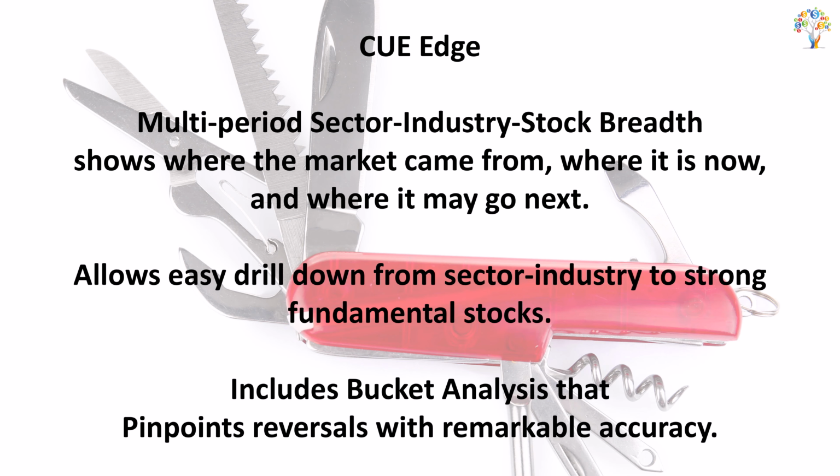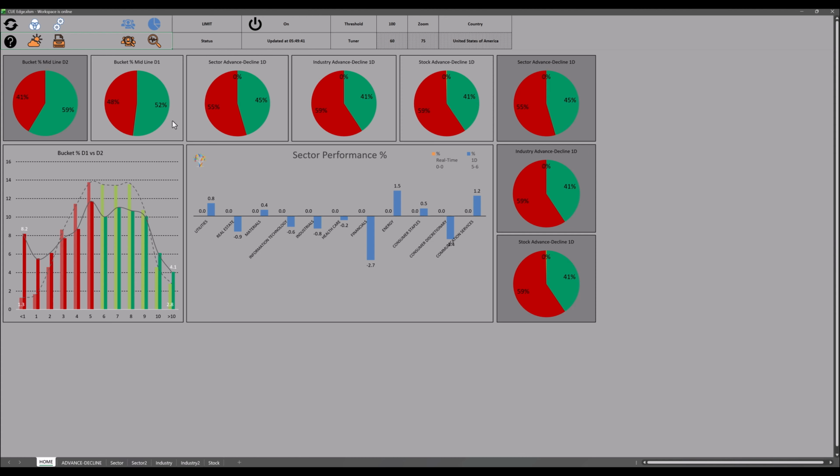Our fourth dimension analysis is about sector industry stock breadth using Q-Edge. It shows the sector industry scorecard in real time and allows easy drill down to strong fundamental stocks. It also has bucket analysis, which pinpoints reversals with remarkable accuracy. Bucket analysis: 52% of stocks in S&P 1500 are above the mid-Bollinger Band.